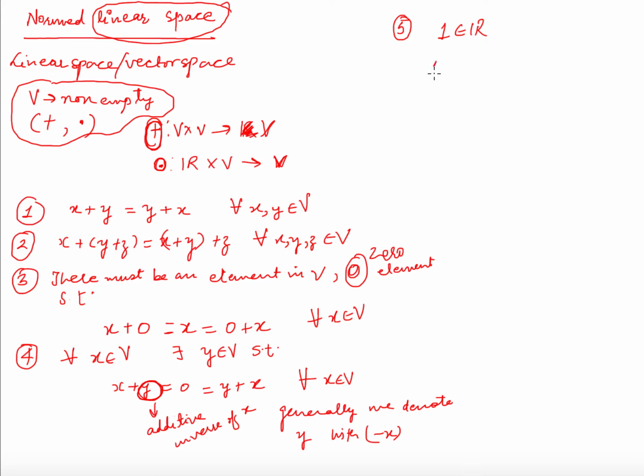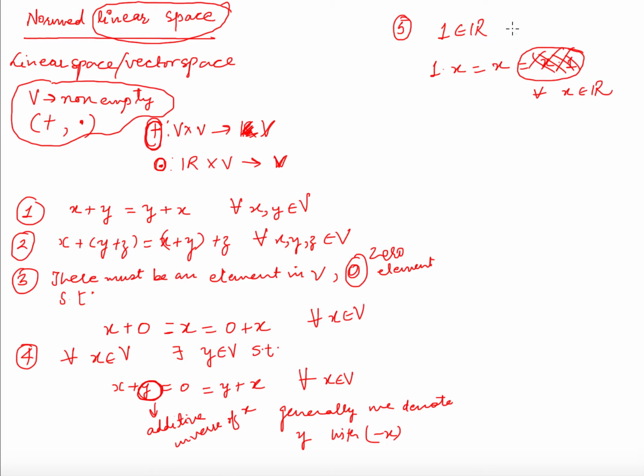So we should have 1 dot x equal to x for all x in V. Since we have this map from R cross V to V, I'll just write it like this.